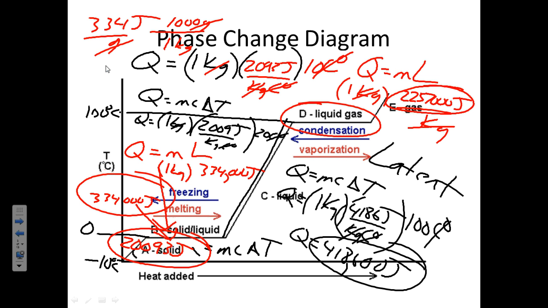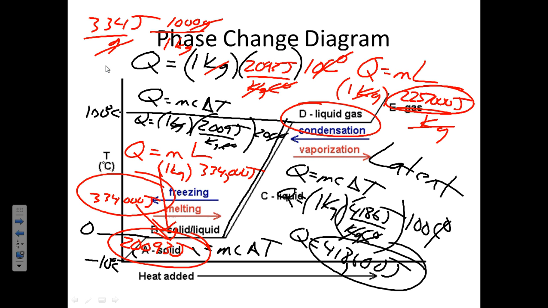But essentially what you need to get out of this, if the temperature is changing and you want to know how much energy it takes to change it, Q equals mc delta T. If the state is changing and you want to know how much heat it takes to change the state, Q equals m times L. Remember though that there's two different L's you need to be worried about. On your AP Physics exam, you will have a table of constants.